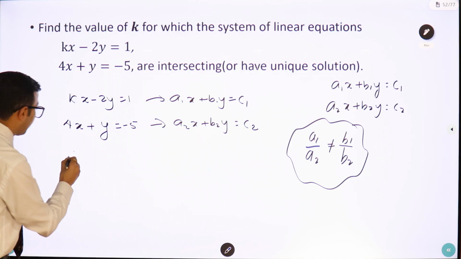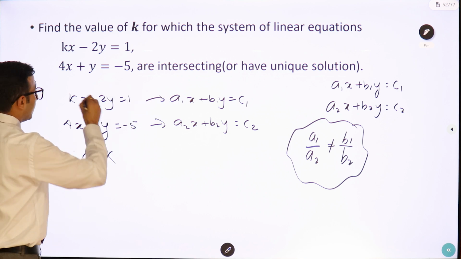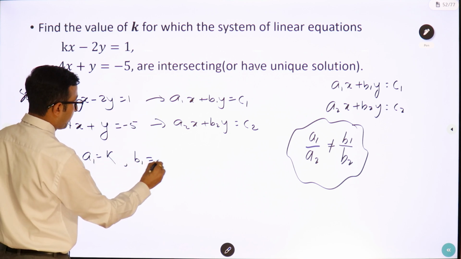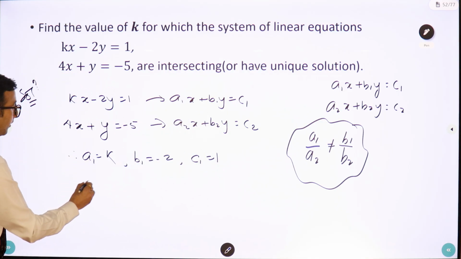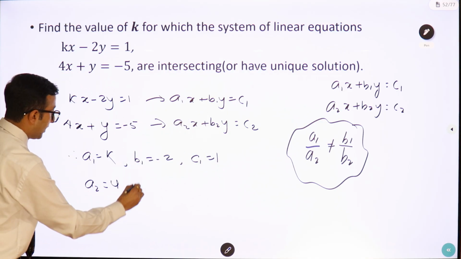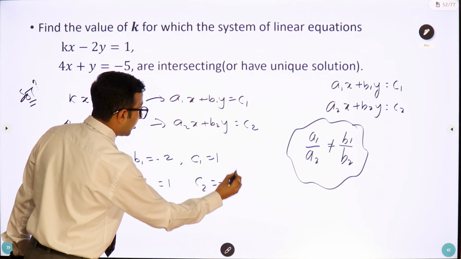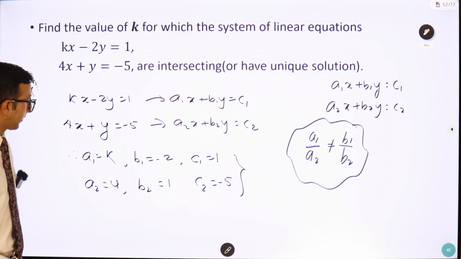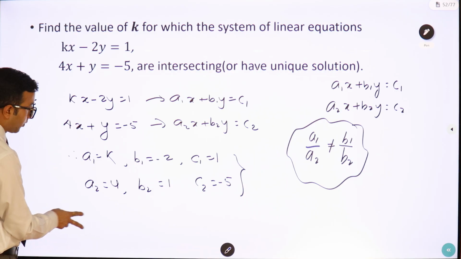You can see here the value of a1 is k, value of b1 is minus 2 and c1 is 1. In the second equation, the value of a2 is 4, value of b2 is 1 and value of c2 is minus 5. This c1 and c2 is not needed. Now for the calculation, you know that a1 by a2 is not equal to b1 by b2.